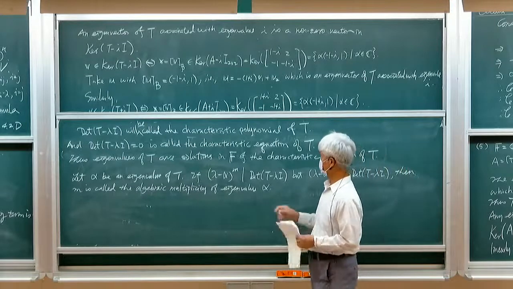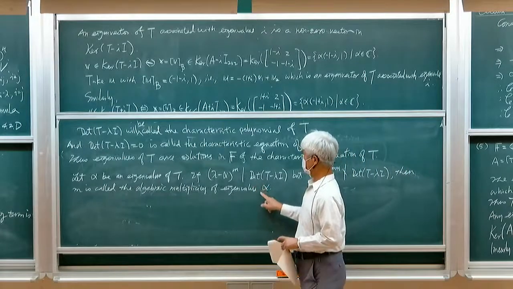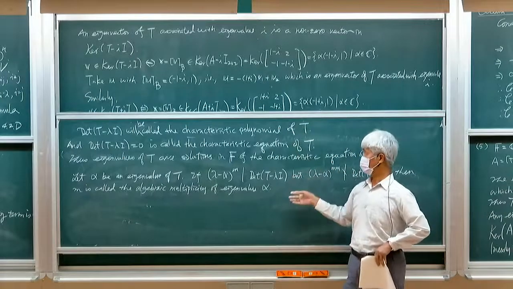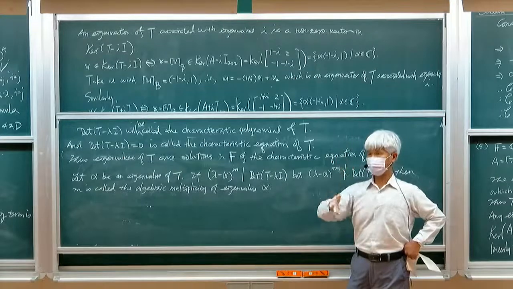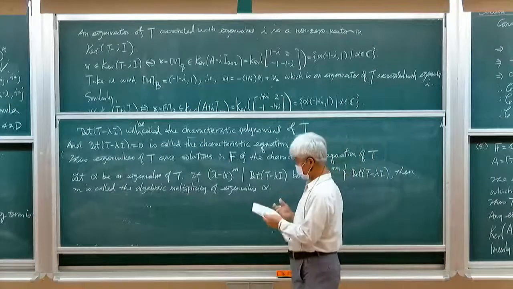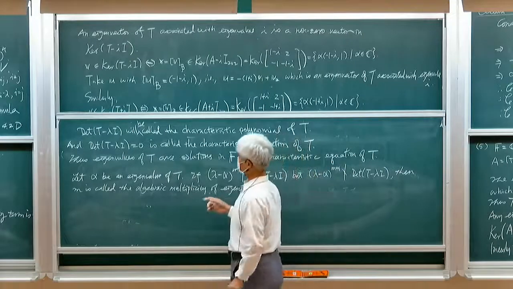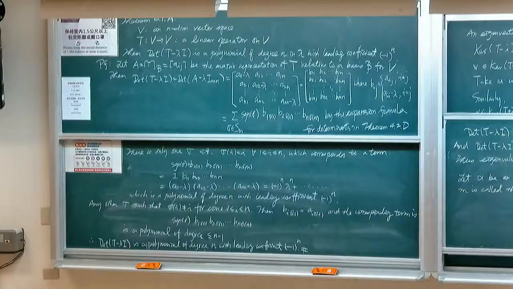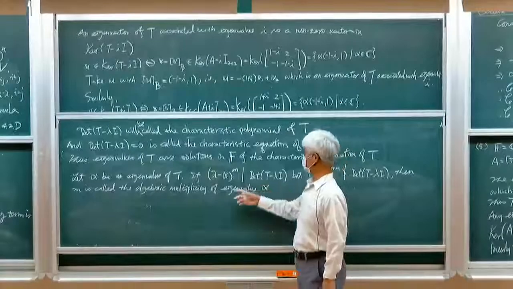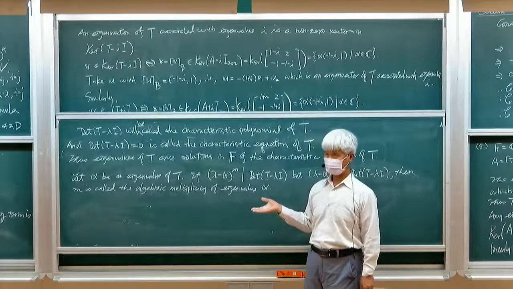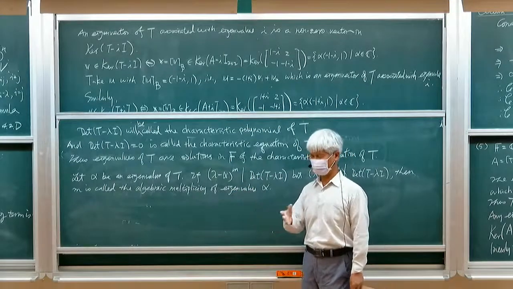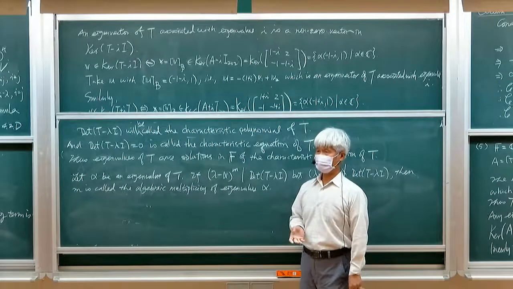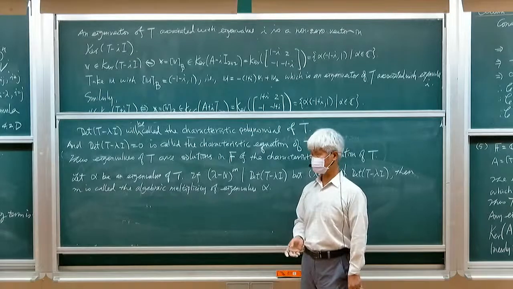But the multiplicity of an eigenvalue may be more than 1. As in our example, we have an eigenvalue with multiplicity 2. And if n is big, you may have an eigenvalue with large multiplicity. For example, if n is 1,000, then you may have an eigenvalue with multiplicity 100.